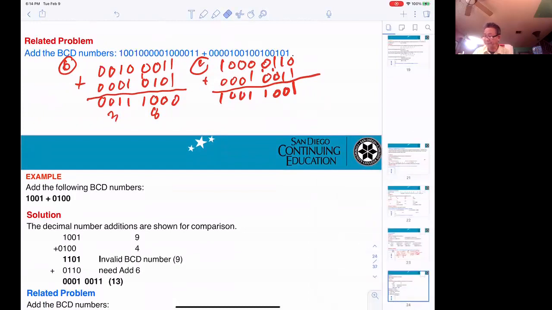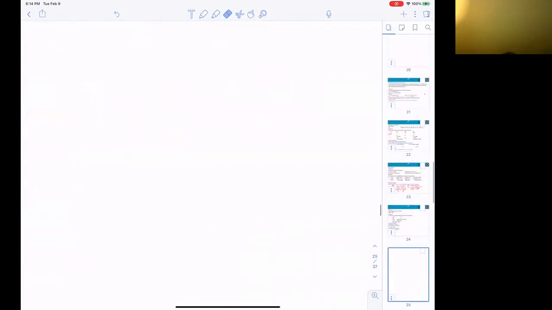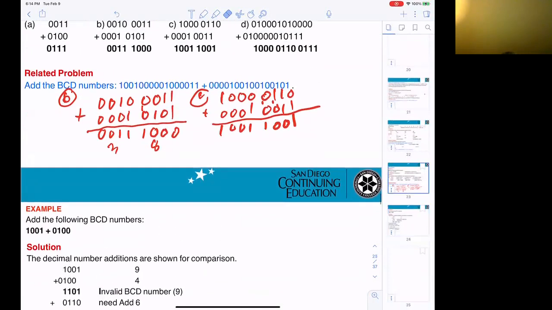Adding pair here. Oh yeah, this right, the one on the bottom, Mr. Fan. Oh, you just went past it. Yeah, right there. This is the one where you need to add 6. Okay, so I want to relate the problem here. Okay, I know what's going on here.